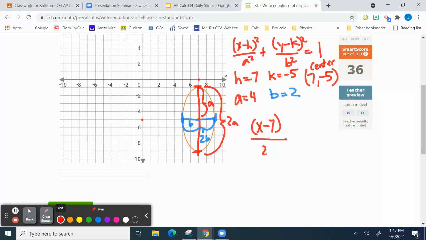So that's going to be 2 squared plus y minus -5 squared over the longer dimension, 4, that's our a term, equals 1. So now we'll just rewrite this. I missed the square there.